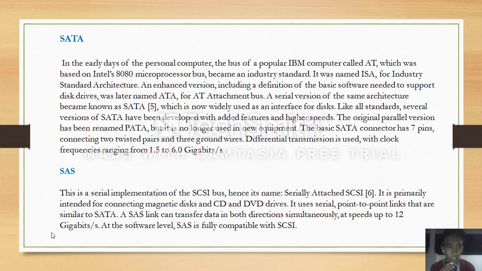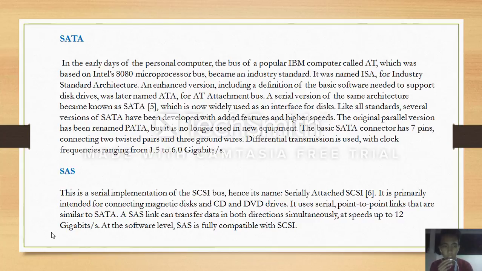ATA. In the early days of the personal computer, the bus of the popular IBM computer called AT, which was based on Intel's 8080 microprocessor bus, became an industry standard. It was named ISA for Industry Standard Architecture. An enhanced version including basic software needed to support disk drives was later named ATA, for AT Attachment bus. A serial version of the same architecture became known as SATA, which is now widely used as an interface for disks.